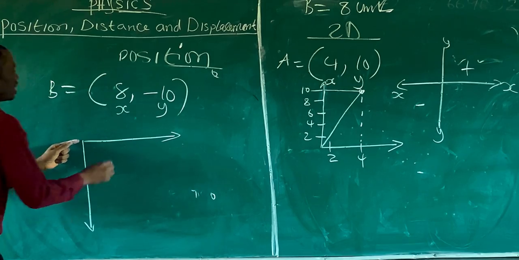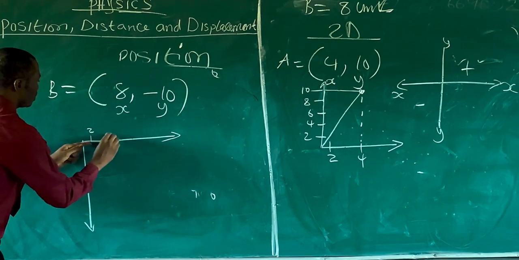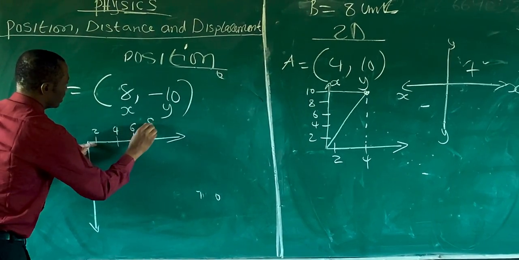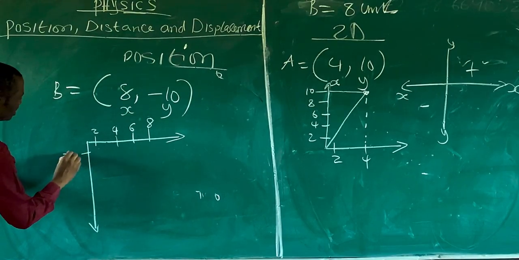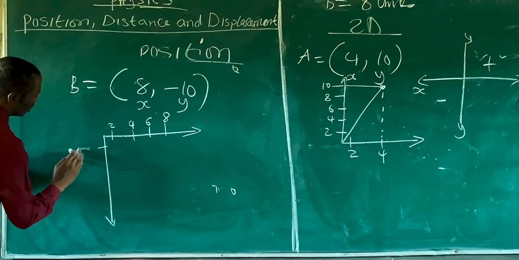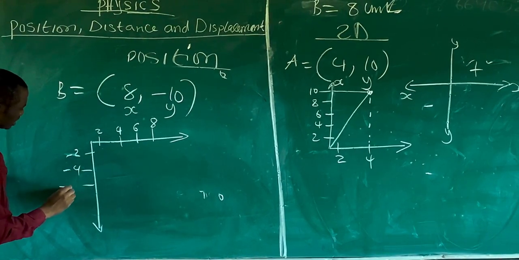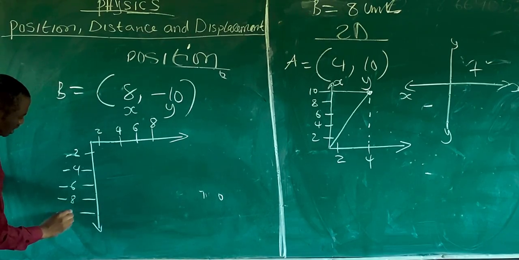So what do we have? This place becomes 2, let's call this 4, let's call this 6, let's call this 8. Now, this place becomes negative 2, negative 4, negative 6, negative 8, negative 10.